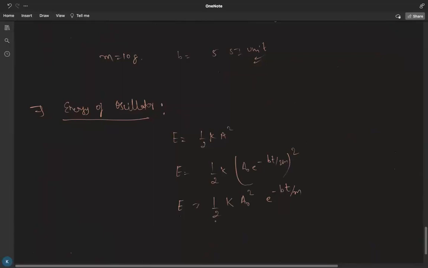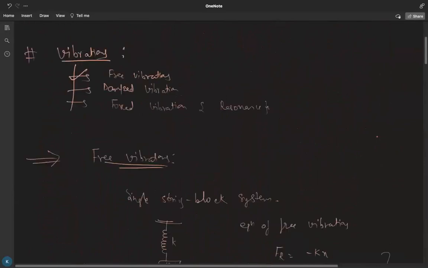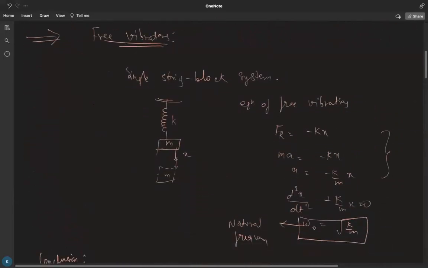And we all know that this expression is different from the energy for free vibration, where no dissipative force was acting. We already calculated all kinds of energy, and for a single spring block system the total energy is equal to half of K A square.